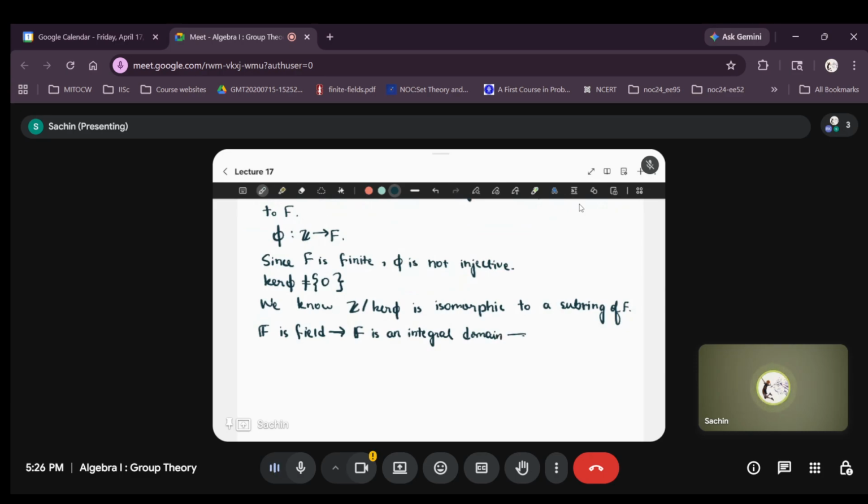And if F is an integral domain, then any subring of F is an integral domain. Yes, I already proved that in one of the classes.